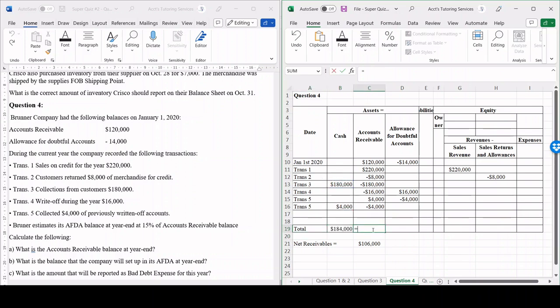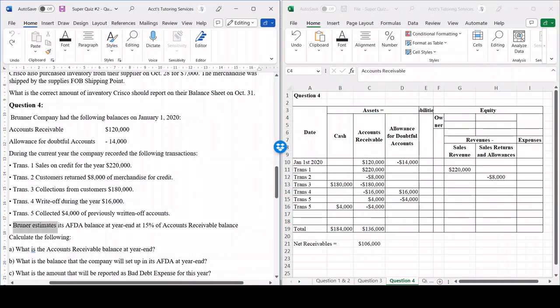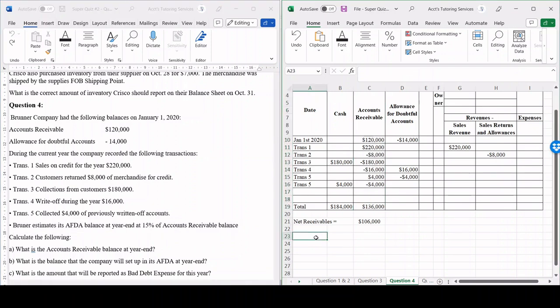And for accounts receivable: 120,000 plus 220,000 plus negative 8,000 plus negative 180,000 plus negative 16,000 plus 4,000 plus negative 4,000. So 136,000. I calculated accounts receivable because this is a balance that we need in order to answer this question.